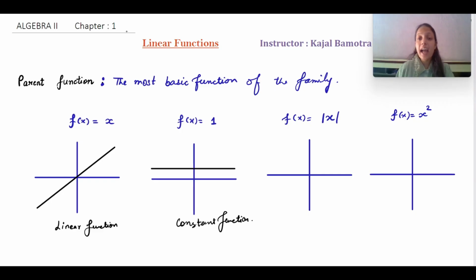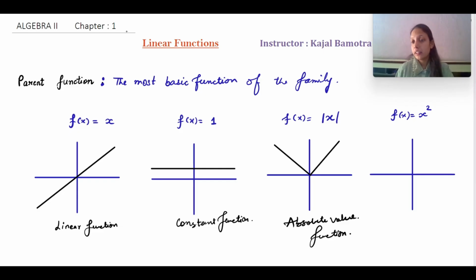And the next is the absolute value function. It will be like this, here and here. Absolute value function. And next is x squared, so it's a quadratic function. It looks like this.